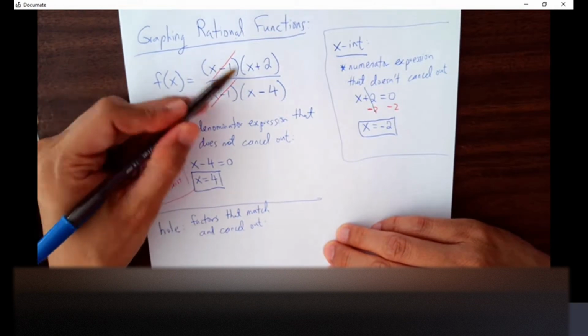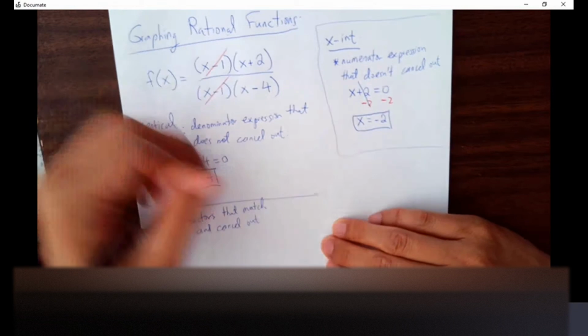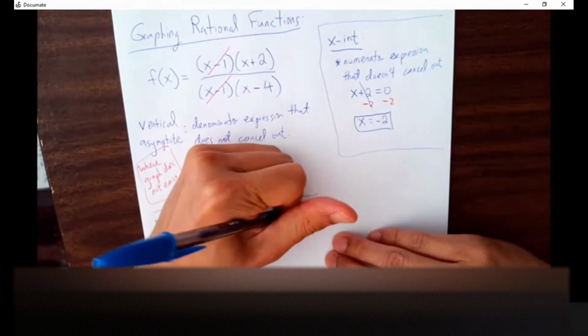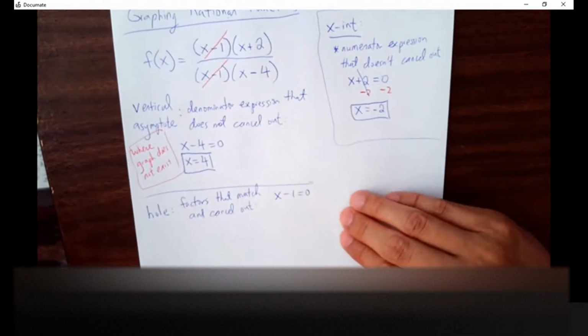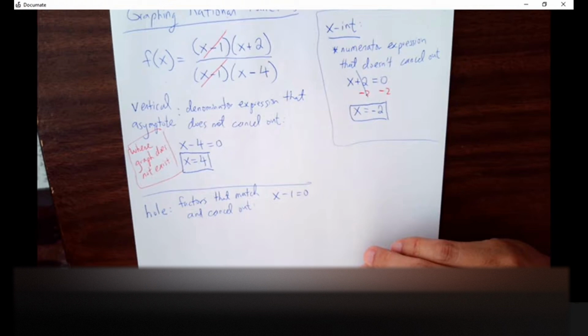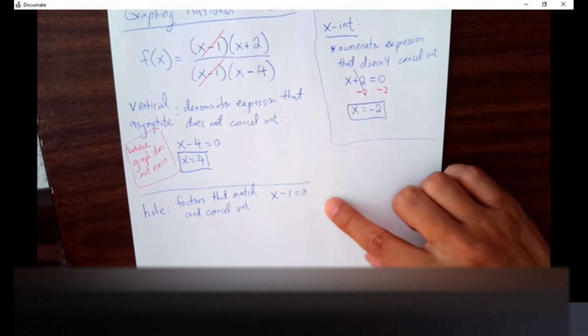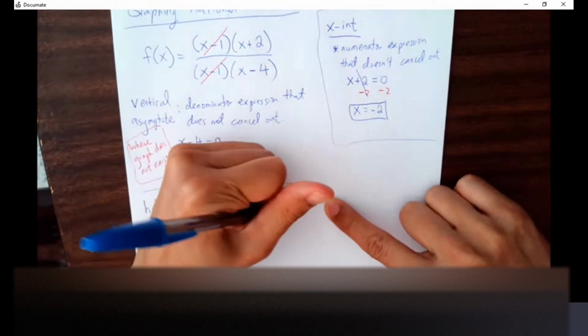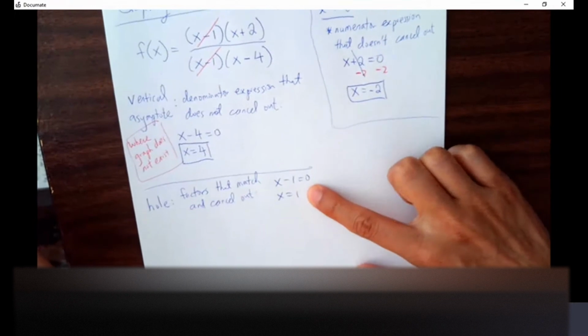So you see that x minus 1 there? We're just going to pick one of them and set it equal to 0. You want me to tell you? Mm-hmm. It's 1. x equals 1. So there's a hole at 1.